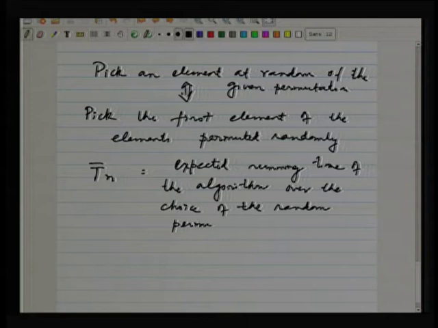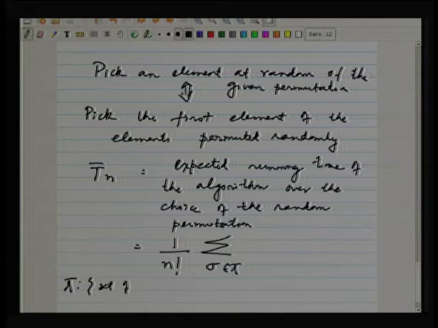If the permutation is fixed, the running time is fixed. The expectation is the same as 1 over n factorial, summed over sigma belonging to pi, where pi is the set of all n factorial permutations.